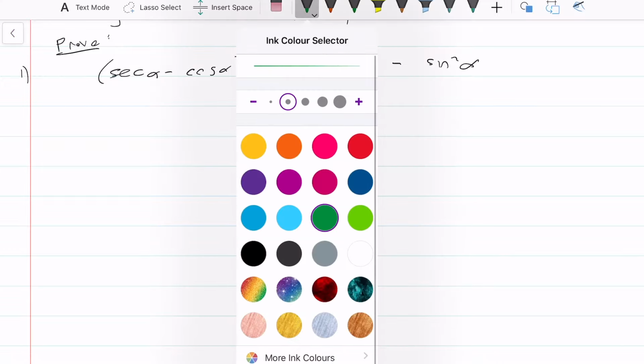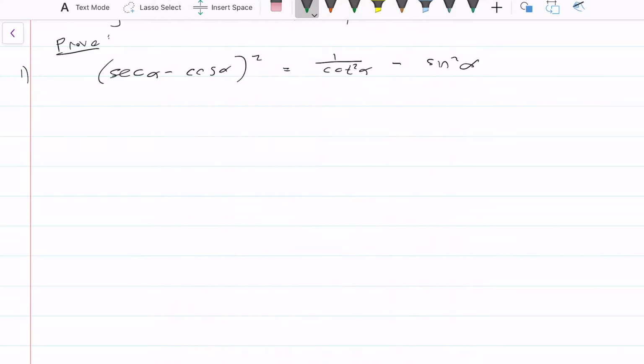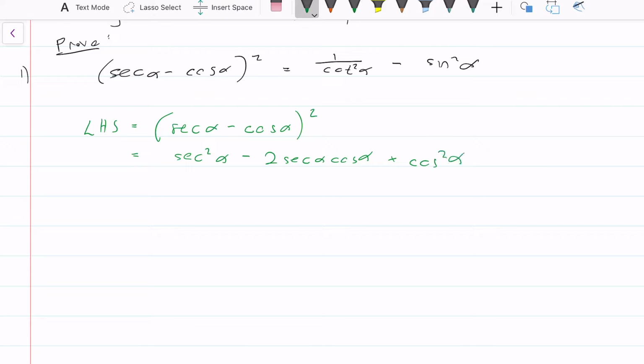So like per usual, we're going to work with our left-hand side and our right-hand side. Let's start with our left-hand side, which is equal to (sec alpha minus cos alpha) squared. I'm going to start by squaring that out. So we have sec squared alpha minus 2 sec alpha cos alpha plus cos squared alpha.